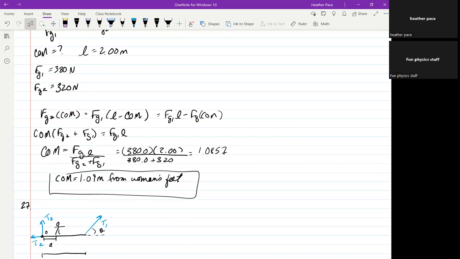We're going to rearrange our equation to solve for center of mass. And we're going to have COM equals FG1 times L over FG2 plus FG1. We were given all of those values, plug them in, and we get 1.0857. So her center of mass equals 1.09 meters from her feet.